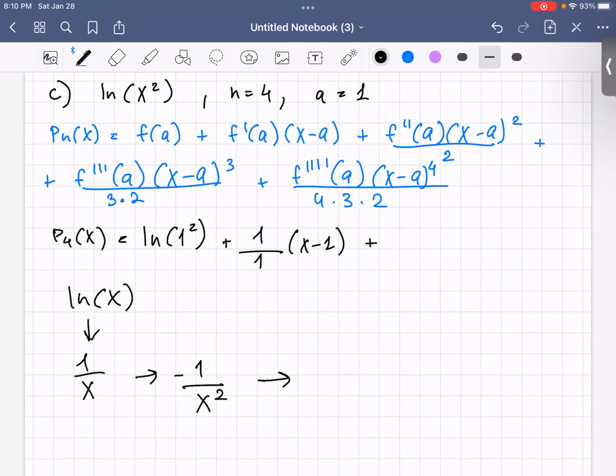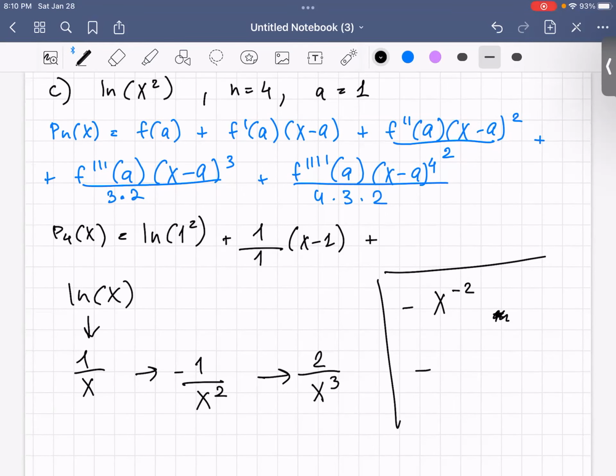Third derivative is going to be, as you can see from here, 2 over x to the power of 3, right? Why is that true? Because this can be rewritten as negative x to the power of minus 2, which if we differentiate it gives us negative 2 x to the negative 3, which is 2 over x to the power of 3.